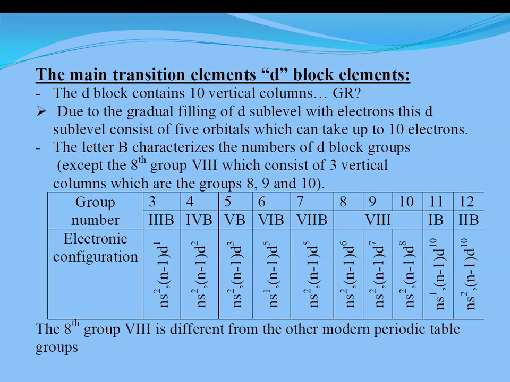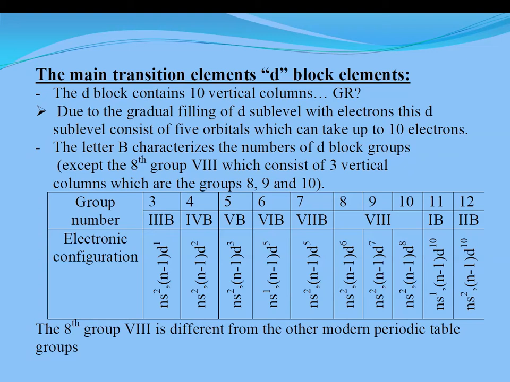And the electronic configuration for these elements: group 3B is ns2 (n-1)d1. Group 4B, ns2 (n-1)d2. Group 5B is ns2 (n-1)d3. Group 6B is ns1 (n-1)d5. Group 7B is ns2 (n-1)d5.